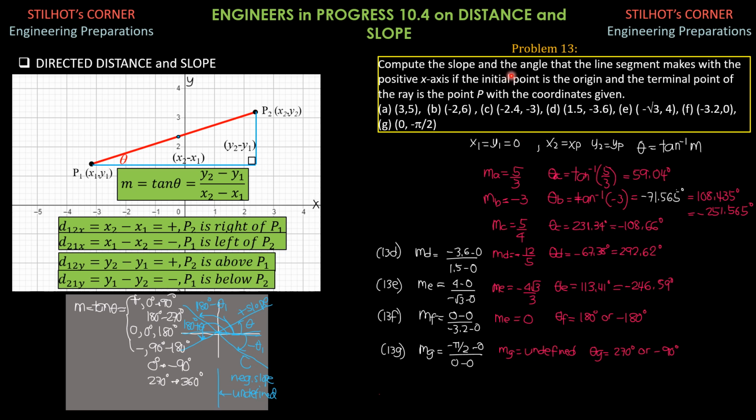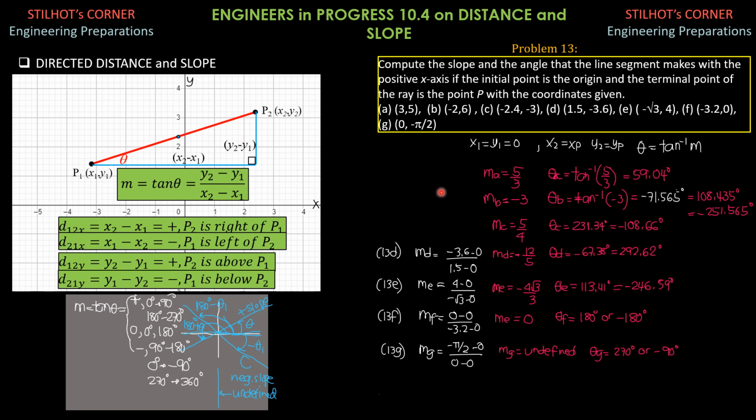So the requirement here is the slope and the angle that the line segment makes with the positive x-axis in the standard manner. Then for B, it is 6 over negative 2, which is negative 3. So the slope for the line segment from the origin to this point is negative 3. And this is in the second quadrant.